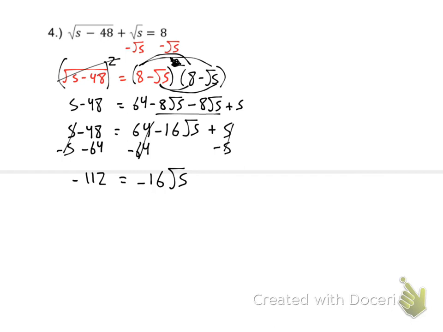And now to get square root of s by itself, divide both sides by negative 16. Negative divided by a negative is a positive, and so what's 112 divided by 16? Does that work out nicely?